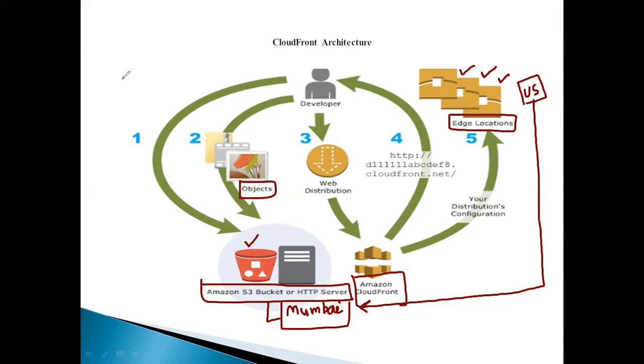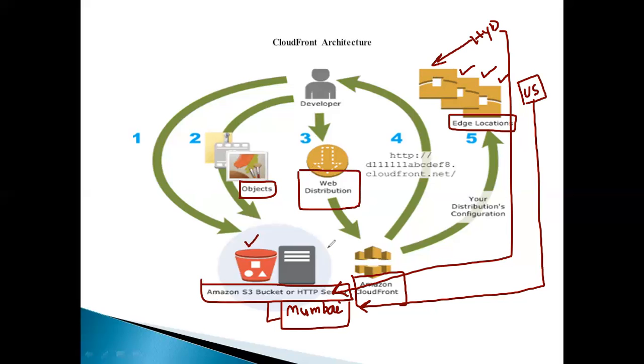For example, I'm in Hyderabad, and I want to access this website which is hosted in Mumbai. I'm not going directly to Mumbai to access this website. I access it from my nearest edge location, the Hyderabad edge location. Obviously, speed and performance will be good. So you have to go for a web distribution.